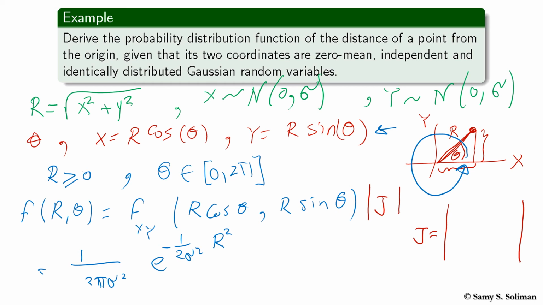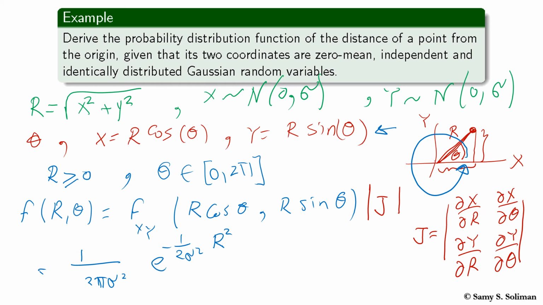In terms of the parameters in this equation, the Jacobian will be the derivative of x with respect to r and the derivative of x with respect to theta, and similarly the derivative of y with respect to r and the derivative of y with respect to theta.